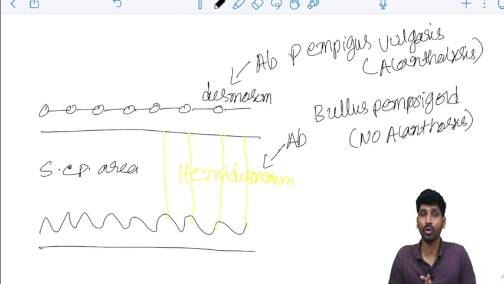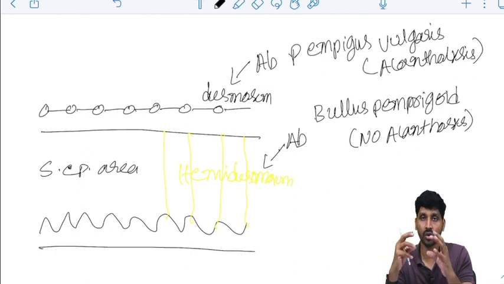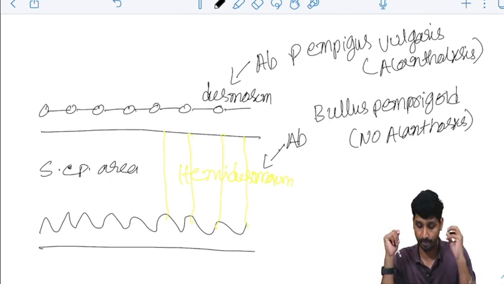Acantholysis is when the spinosome in the epidermis is broken, that is called lysis, spinosome lysis. So acantholysis stands for breaking of spinosome.